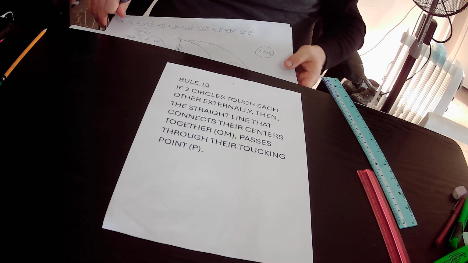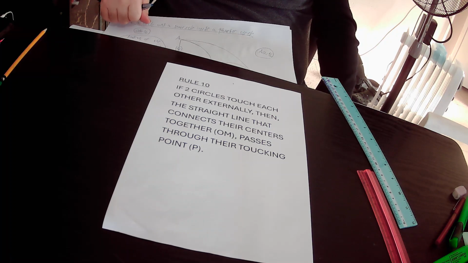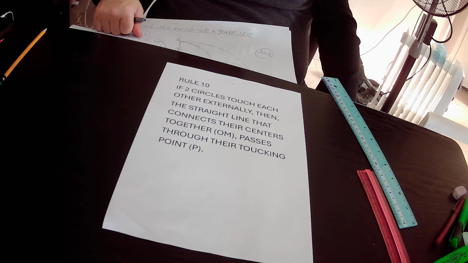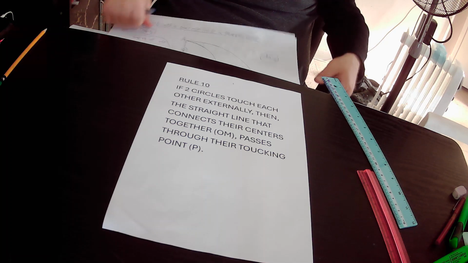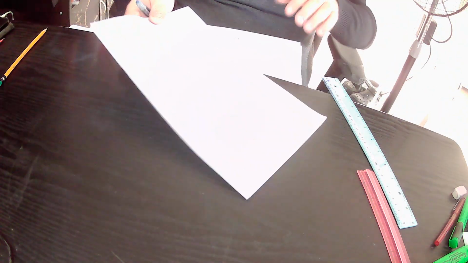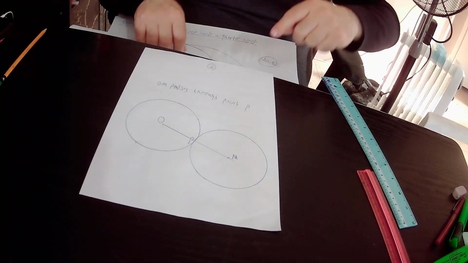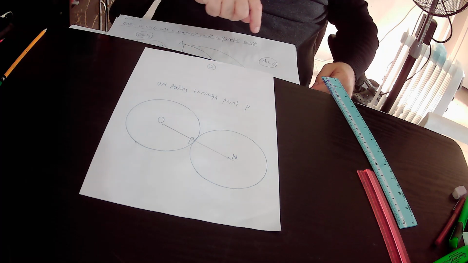if 2 circles touch each other externally, then the straight line that connects their centers together passes through their touching point. So in the drawing we have 2 circles.